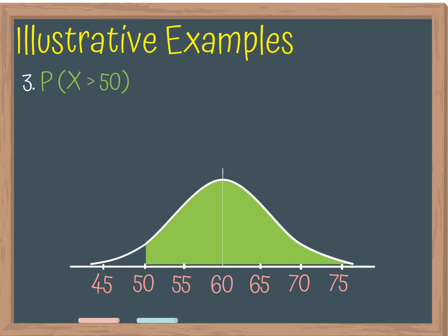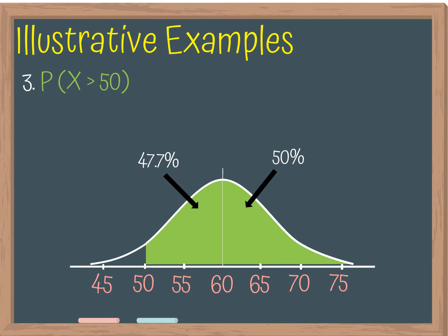Based on the empirical rule, 50 here corresponds to 2 inflection points from the center, which is equivalent to 47.7%. We also covered here half of the curve, which is this part on the right side. And since it is half, so that will be 50% of the distribution.